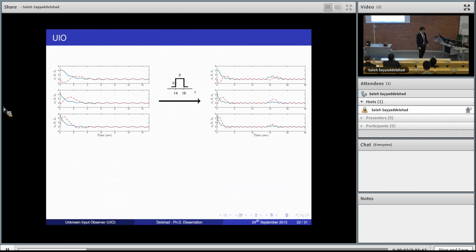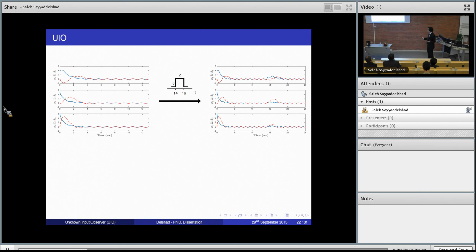I just follow these figures from my thesis, and my point here is to think about the estimation in general, for the linear case, for example. So you have a true state, a solid line, and the dashed line, and you see the good performance until the time 13 seconds. But what happens is that if you have a disturbance in your system between the time interval 14 to 16, you see the observer performance fails.